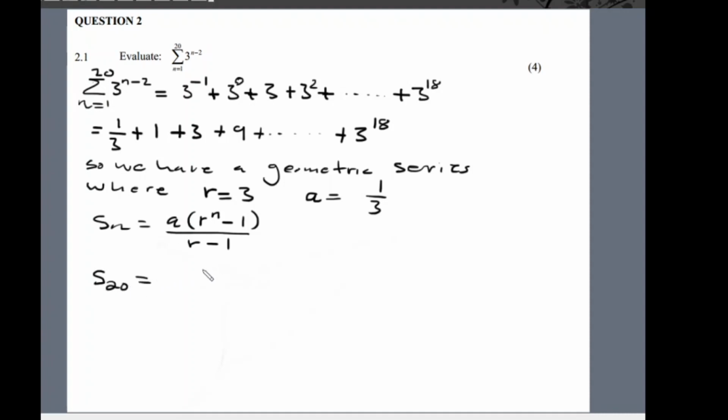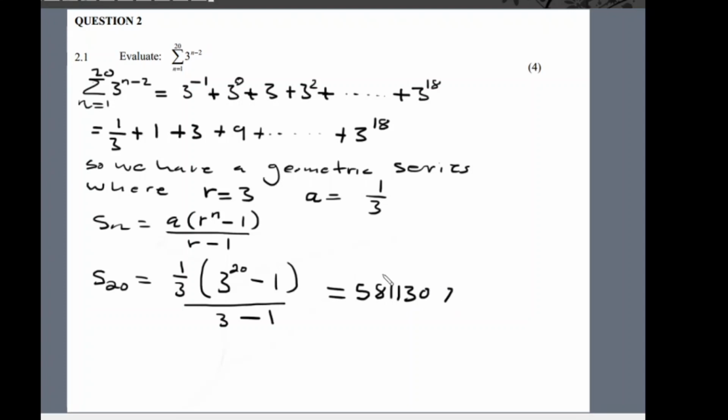Our first term is 1 over 3, our common ratio is 3, and n is 20, so we have 3 to the power 20 minus 1 divided by 3 minus 1. Punch this straight into your calculator and you will get that S20 is a big number, 581 130 307.3.